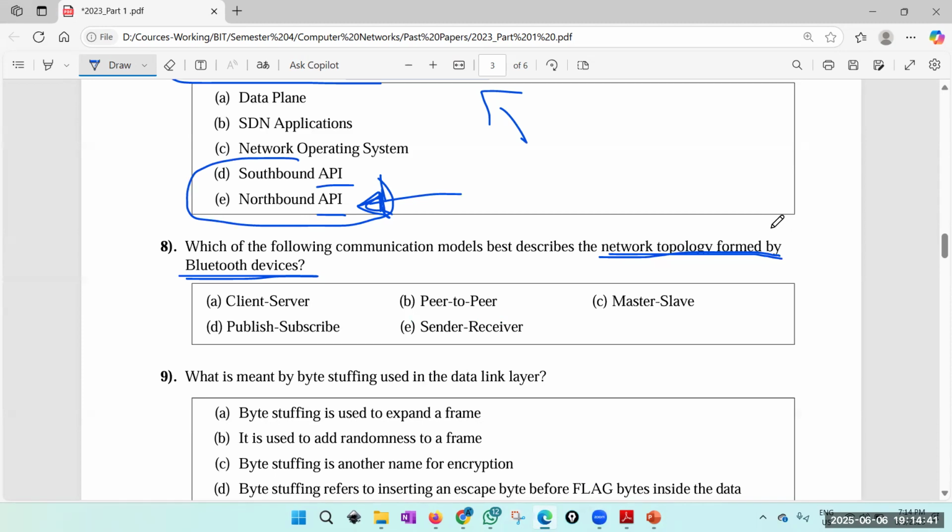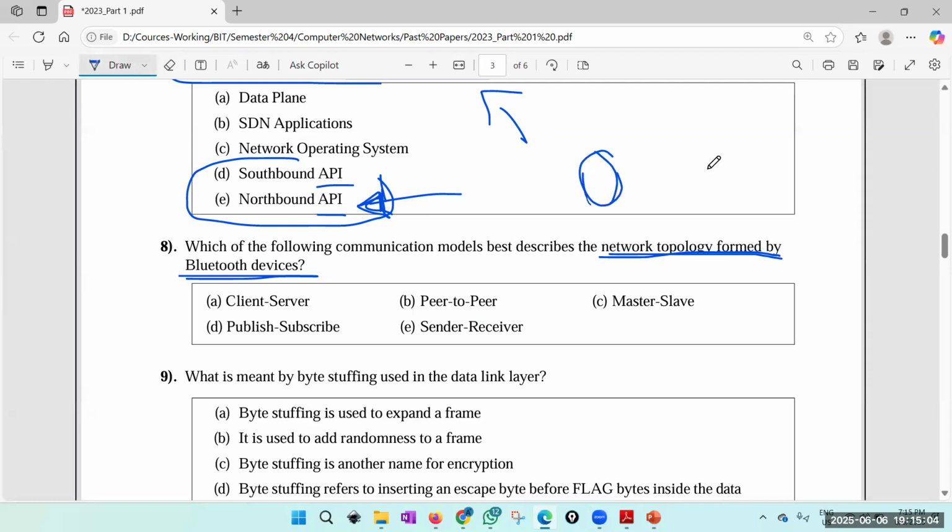Then we looked at topologies for wide area networks like tree and mesh, but we did not discuss topologies specifically for Bluetooth, because mostly Bluetooth is just connecting one machine to another machine.